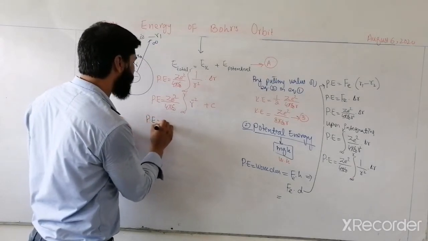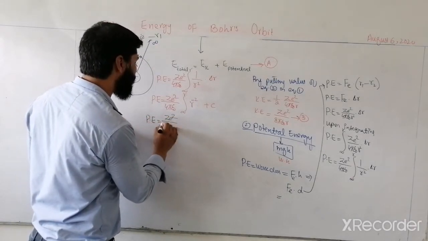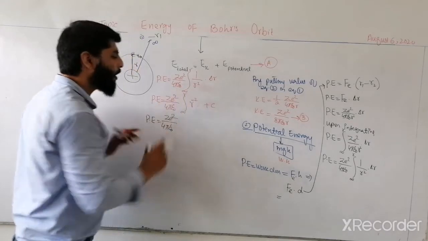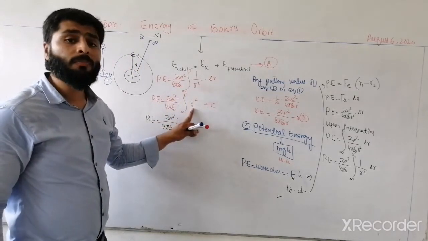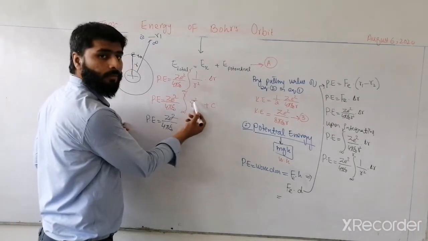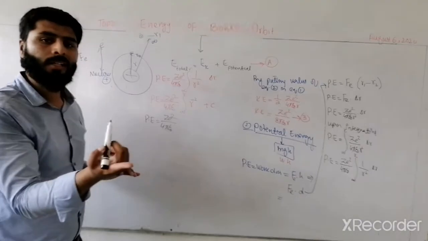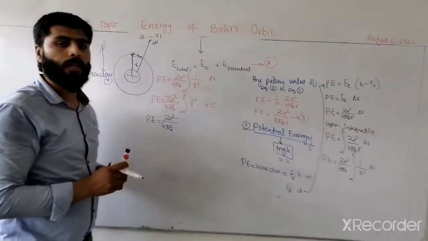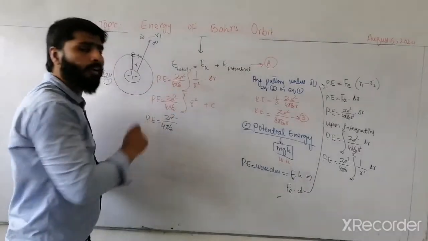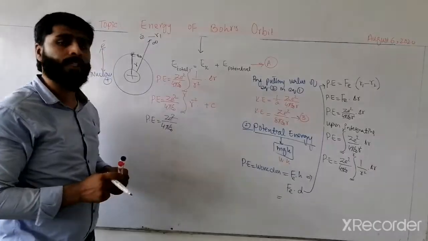Potential energy will be equal to Ze² divided by 4πε₀. Now we will apply the power rule. Power rule is: add 1 to the power and divide the whole value by the new power.